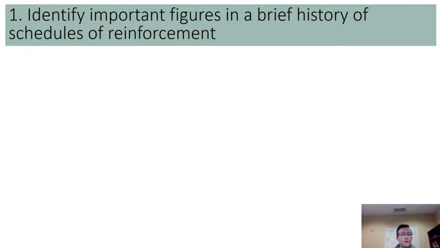Objective number 1 is to identify important figures in a brief history of schedules of reinforcement. The first is Charles Ferster, and the second is B.F. Skinner.